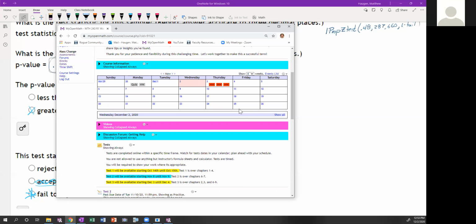Okay, and also, it looks like it's gonna open on Thursday and close on Friday. What time will it close on Friday? 11:59 at night. Oh, at night. Okay. You have all day. All right. Thank you. Sure.